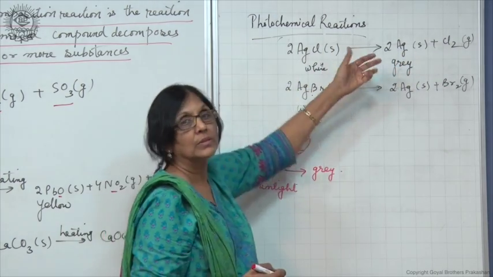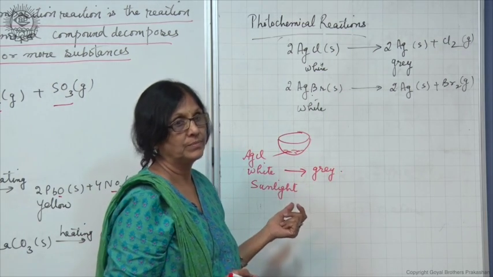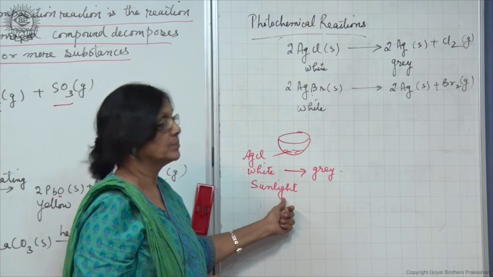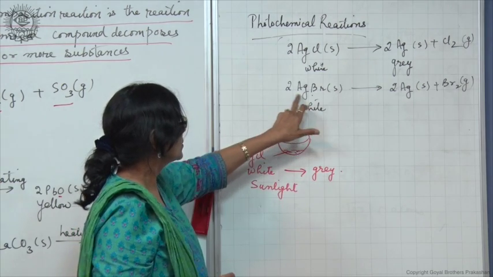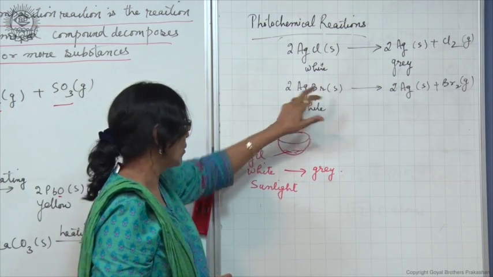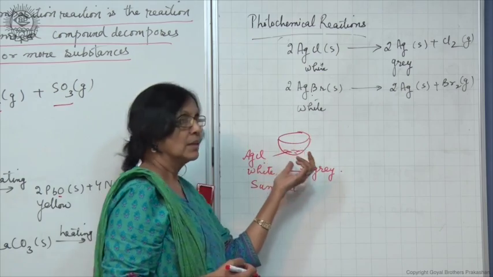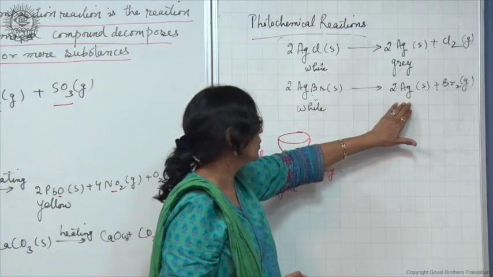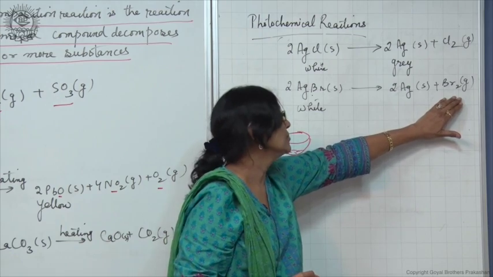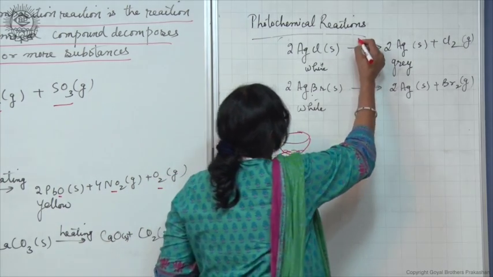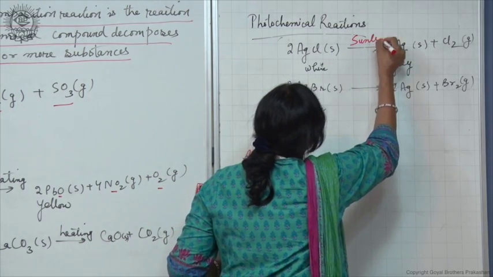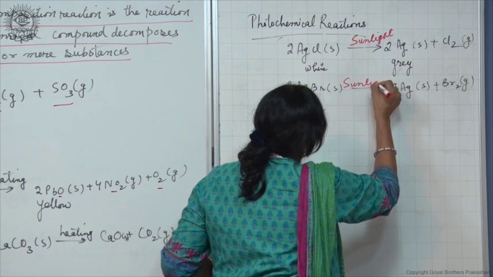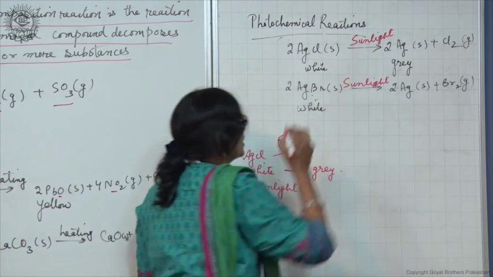This is also a decomposition reaction. Another is silver bromide. In the same manner, if it is exposed to sunlight, it will decompose into silver and bromine gas. Because it proceeds in the presence of sunlight, it is called a photochemical reaction.